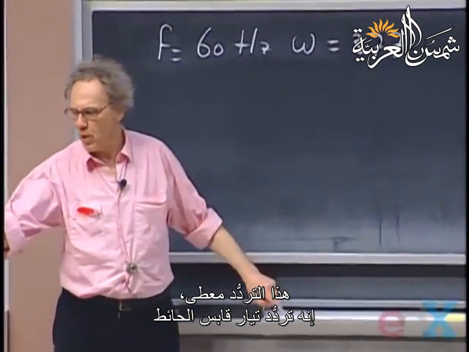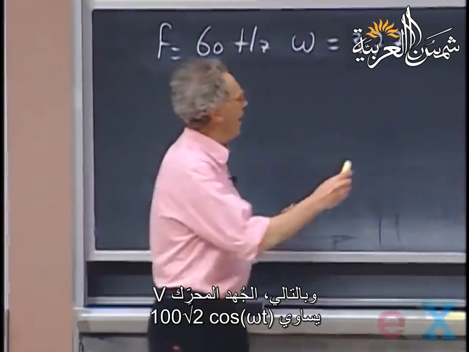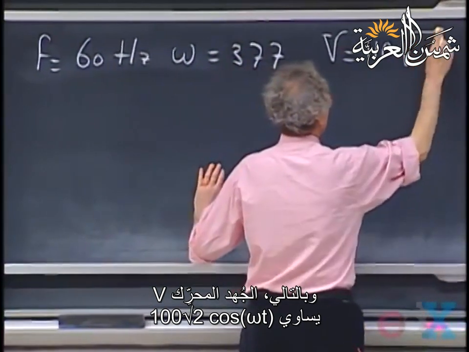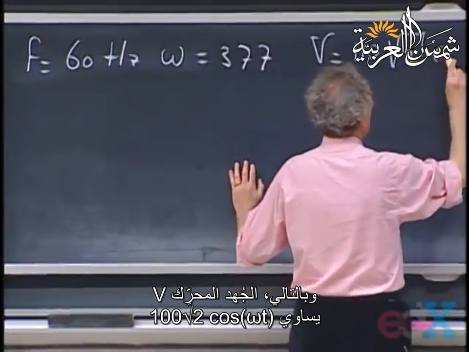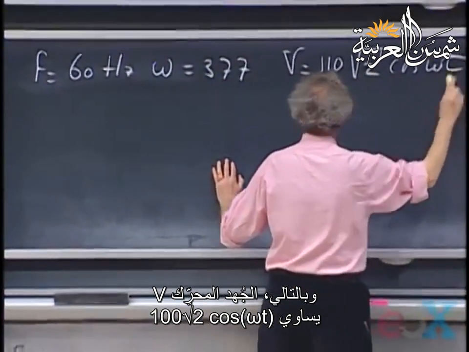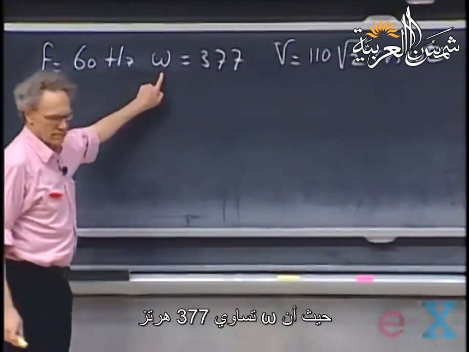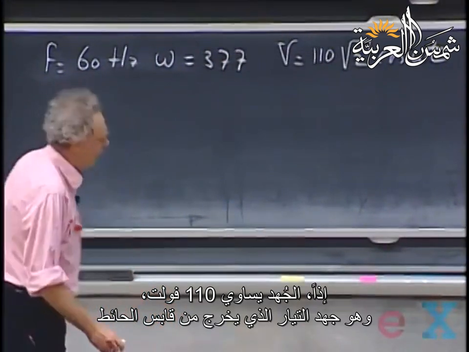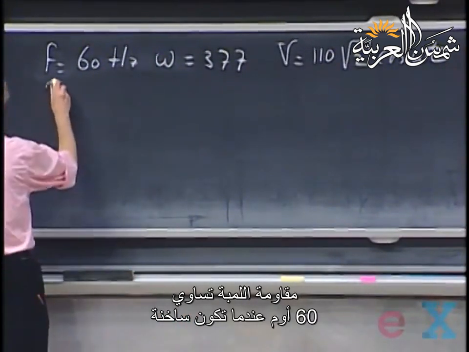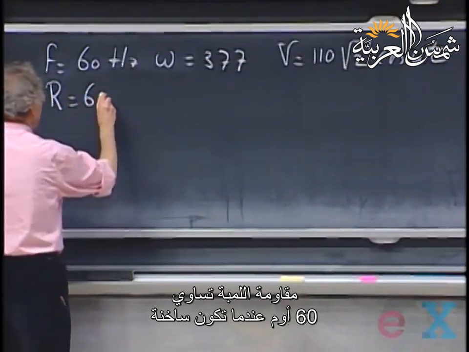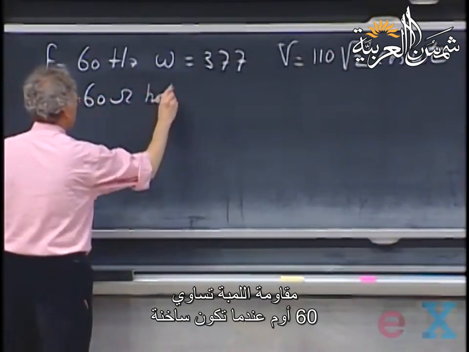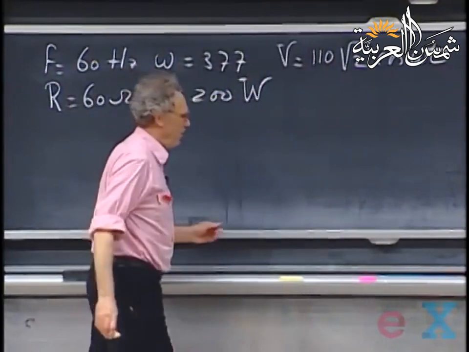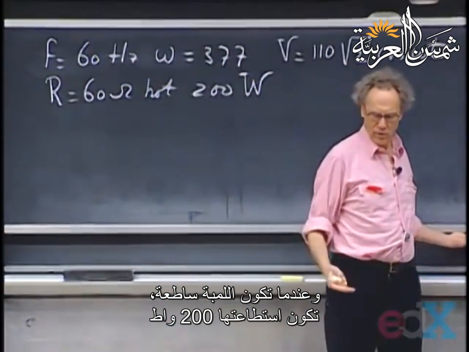I simply plug it into the wall, and so my driving voltage is 110 times the square root of 2 times the cosine of omega t, and it is this omega. So it's the 110 volts that comes out of the wall, so to speak. My light bulb R is 60 ohms when it is hot, and it is a 200-watt bulb. So if it's bright, 200-watt bulb.